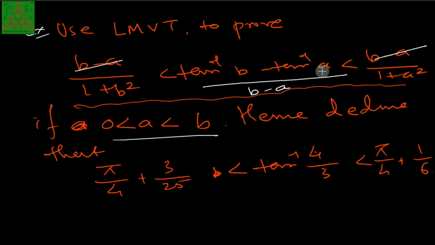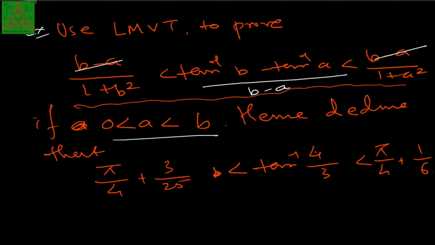So this will suggest what your function f should be to apply the LMVT on. It suggests that the function is tan inverse of x, in the interval a to b, and then we can apply the LMVT.